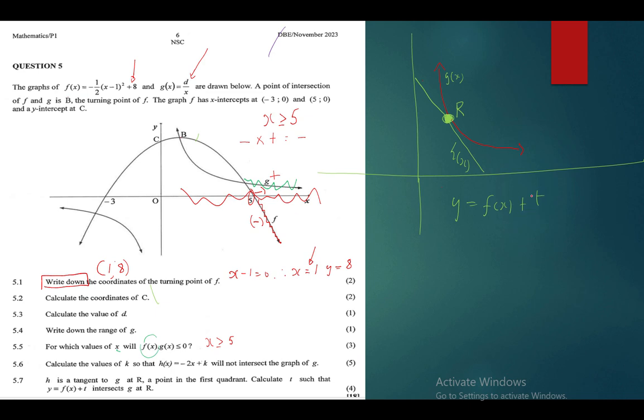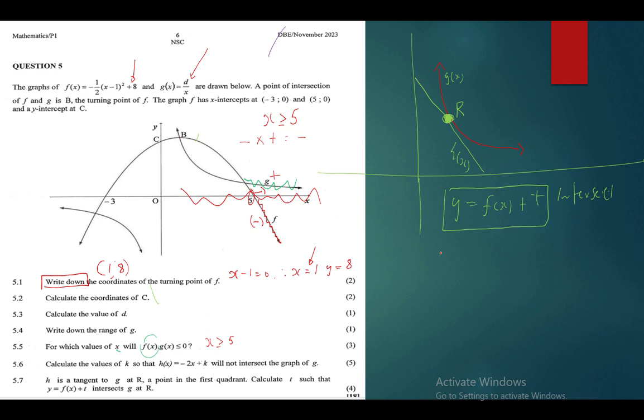So they're saying this equation here, y equals f of x plus t, is intersecting g at r.